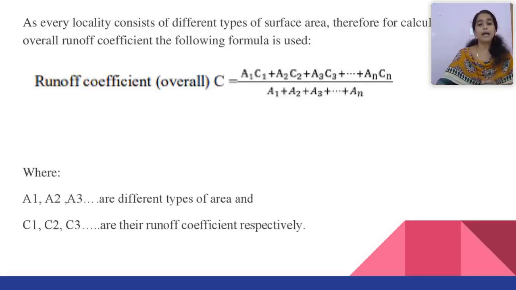By putting the values of A and C in the runoff coefficient equation, we get the runoff coefficient for that particular catchment area.